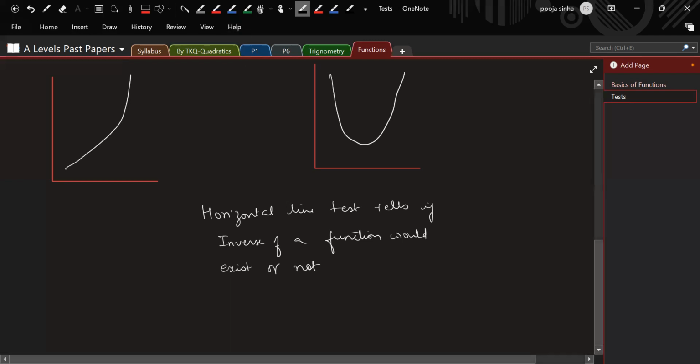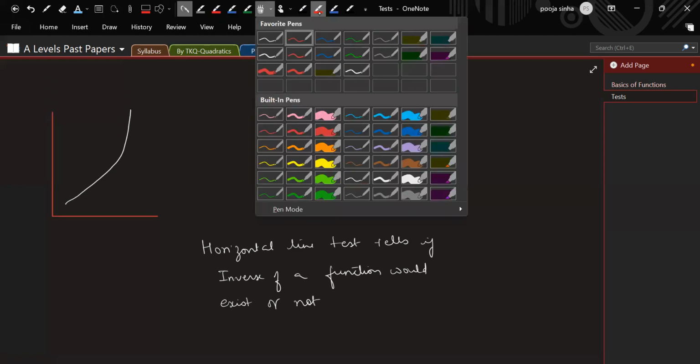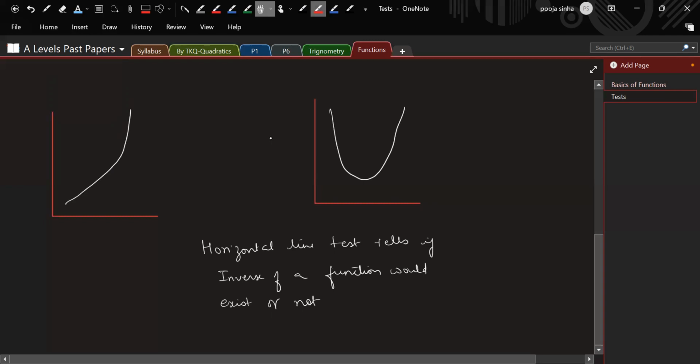Now, if you see here, I'll quickly do a horizontal line test on this. As I said, it's cutting only once, right?